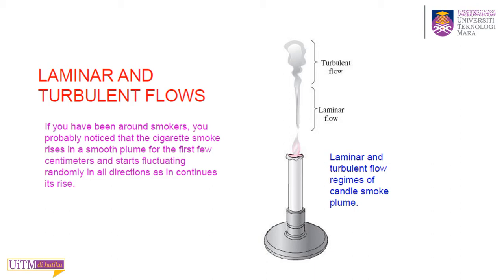In chapter 4 we touch it again, because we need to know whether the fluid flows laminar or turbulent. We need to calculate that using the equation we call the Reynolds number.